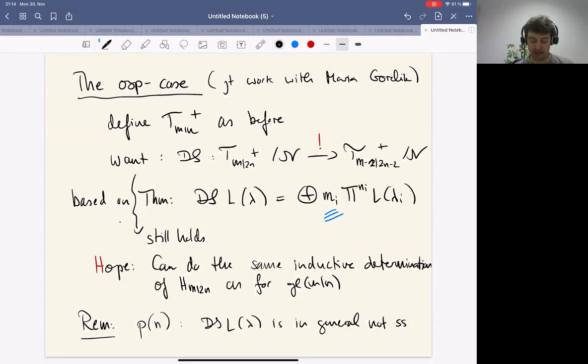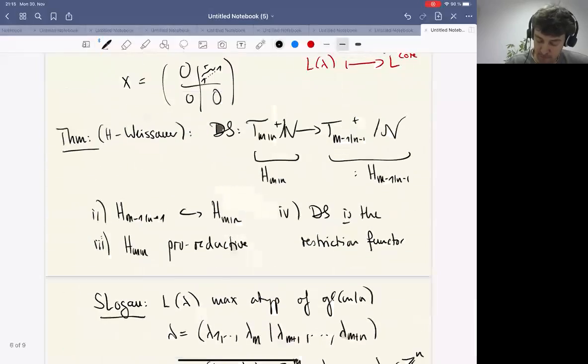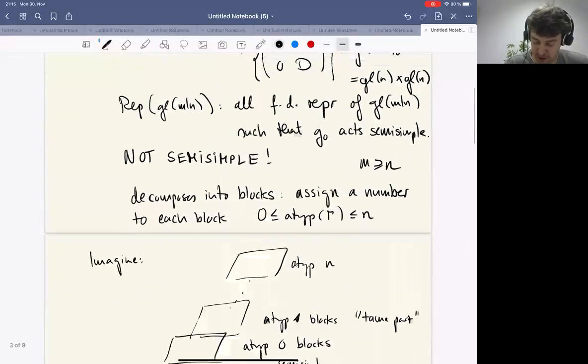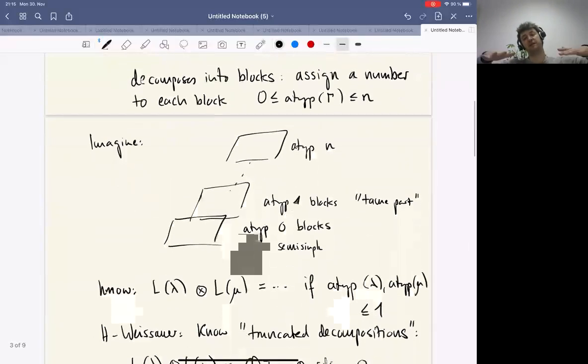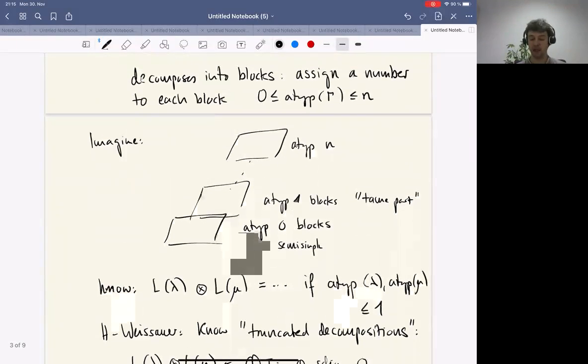Let me say one last sentence in order to finish. The ultimate dream, maybe, and let me go back to the very beginning, would actually be to do something else for all the groups. So initially I showed you this picture of these layers. I think of this representation category as layered. And normally one would say, okay, I start with atypicality 0 and atypicality 1, I understand it. And then I go up somehow, maybe by translation functors or so, but it doesn't seem to work.